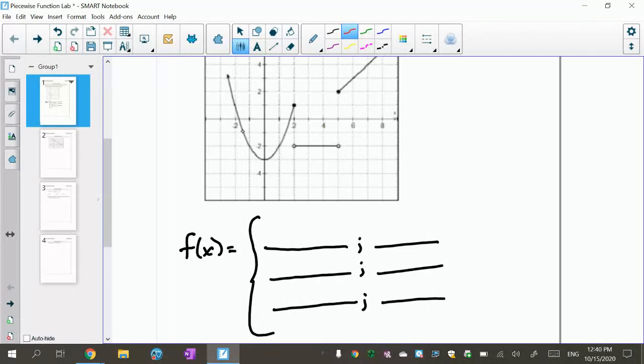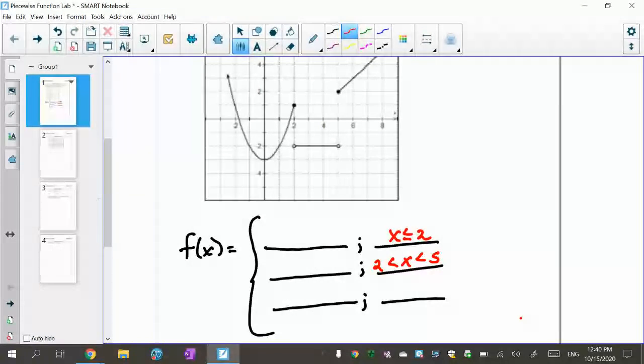This first piece goes from here all the way to 2, and it includes 2. So that one piece is going to be x less than or equal to 2. The middle piece goes from 2 to 5, and see how they're both open circles? That means x is between 2 and 5, but not included, because 2 is in that left piece.